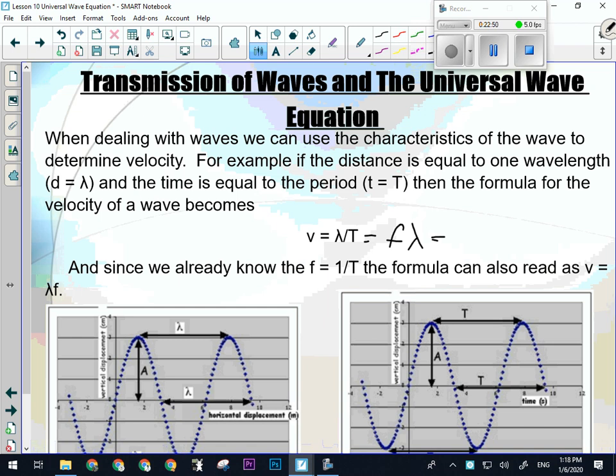What do we usually measure length in? Meters. So I'm going to have per second times meters, which is meters per second. So we do get the right units. Same thing here. Period is in seconds. This is in meters. Meters divided by seconds. Meters per second. So that'll help us to determine the speed of a wave using that equation.